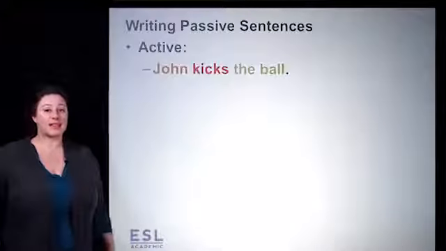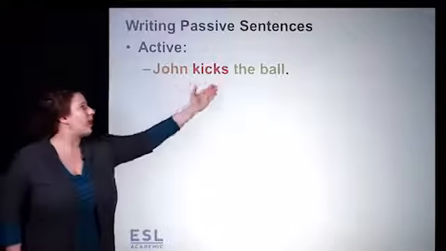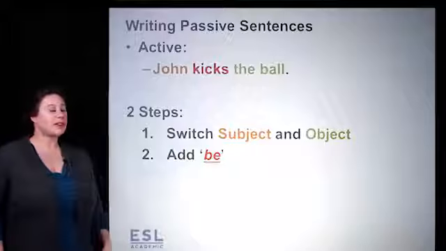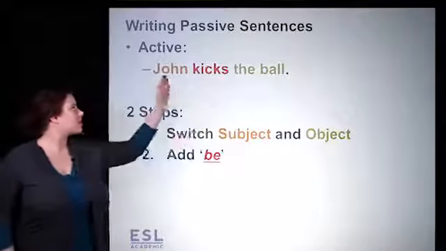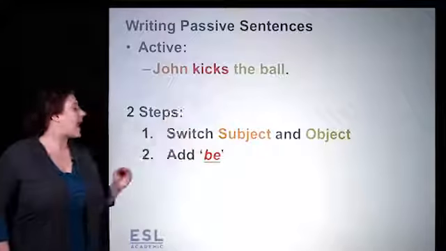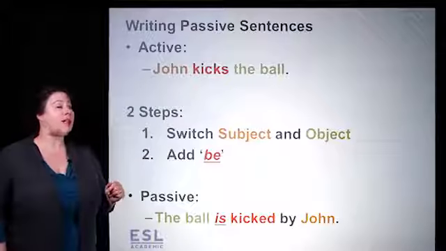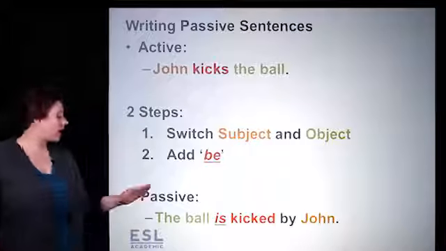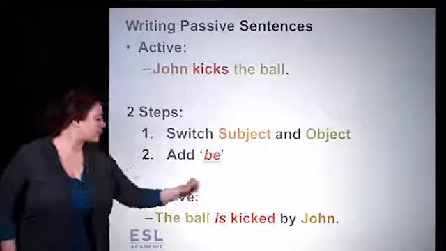How to write a passive sentence. With our active sentence, John kicks the ball, all we do is switch the subject and the object, John and the ball, and add a form of be. So, in this example, we get the ball is kicked by John.